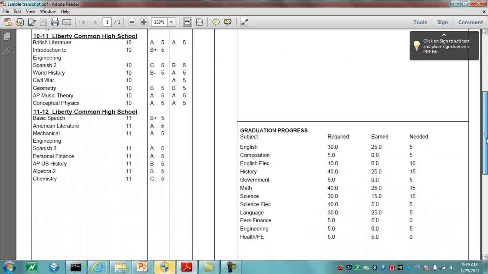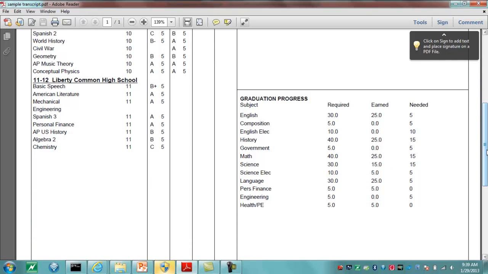Down here at the bottom right, you'll see the graduation progress table. This table shows what is required of you for each of these subject areas and what you've earned in each of these subject areas. Okay, so let's talk first about English. English, you need 30 credits. That's going to include the Western Literature class that you're in now, British Literature in 10th grade, and U.S. Literature in 11th grade.